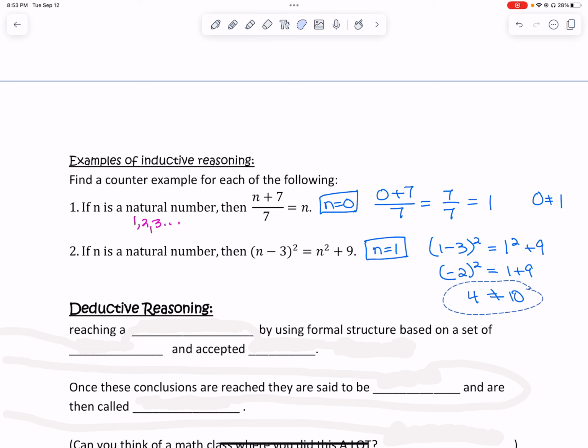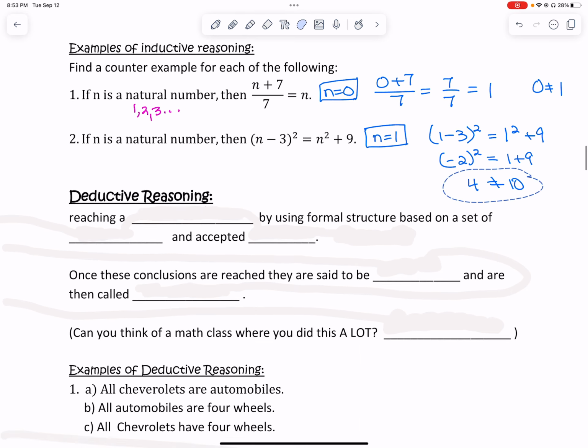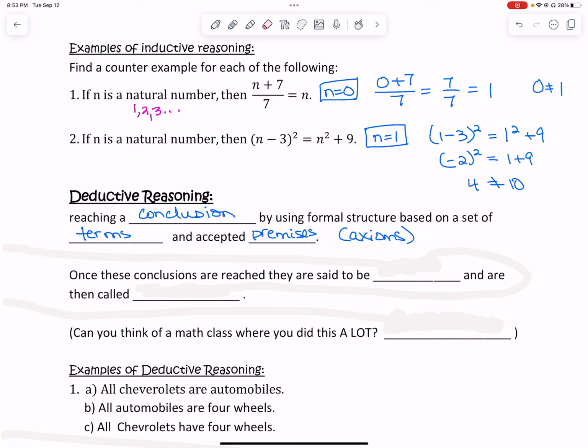All right, let's talk about deductive reasoning. So there's inductive, which is looking at those patterns that you've observed and making predictions. Then you have deductive reasoning. That's when you reach a conclusion by using a formal structure based on a set of terms and accepted premises or axioms.